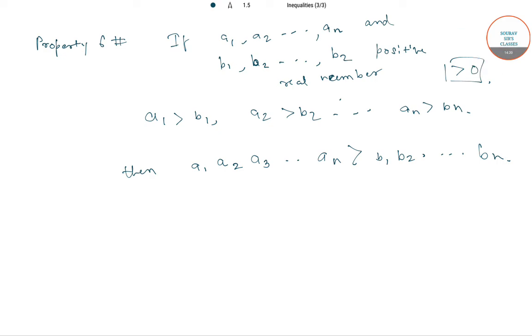So if A1, A2 so on till AN and B1, B2 so on till Bn are two sets of positive real numbers, that is, they are greater than 0, such that A1 is greater than B1, A2 is greater than B2, so on till AN is greater than BN, then we can say that the product of the left hand sides, that is A1 into A2 into so on till AN, is greater than the product of the right hand sides, that is B1 into B2 into so on till BN.